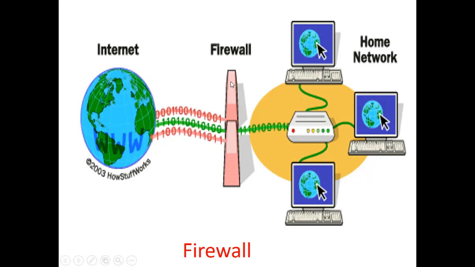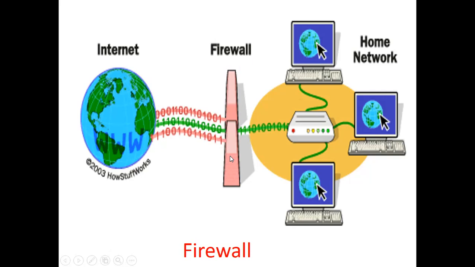But if we have the firewall, then this firewall restricts this illegal unauthorized data from entering our safe and secure network. This firewall checks each and every packet received from the other network or from the outside network.